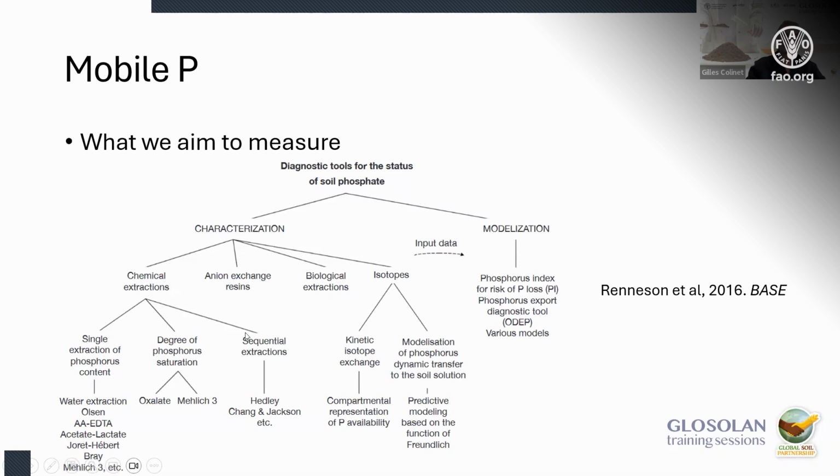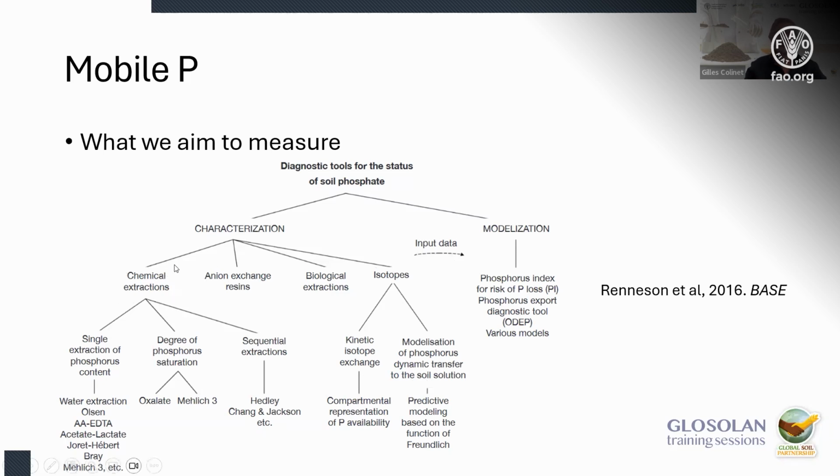For characterization, you have different kinds: chemical extractions, which will be our topic today, anion exchange resins, biological extractions, and also isotopes. A lot of work has been done in different countries about isotopes. The people who work on isotopes consider that it's the only way to exactly know the fate of the phosphorus and where the sources are in the soils.